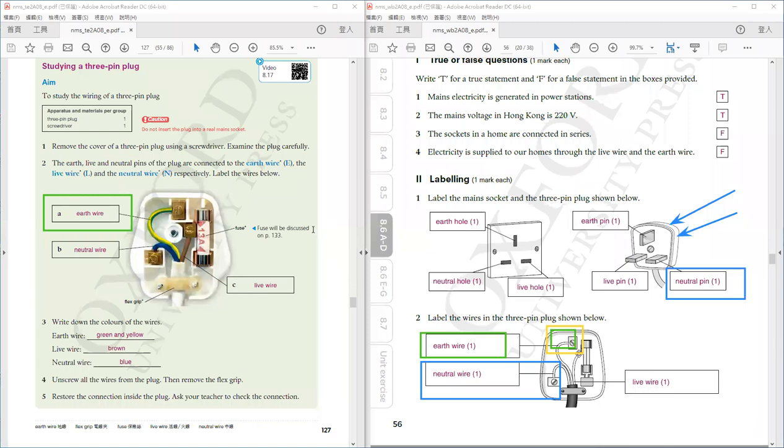So the left hand side is the neutral wire. And the remaining one is brown in color. We call this live wire. It's connected to the fuse. Always connected to the fuse. Okay, just some textbook knowledge.